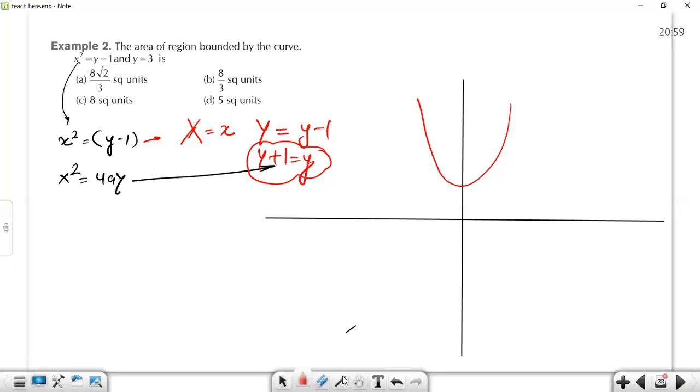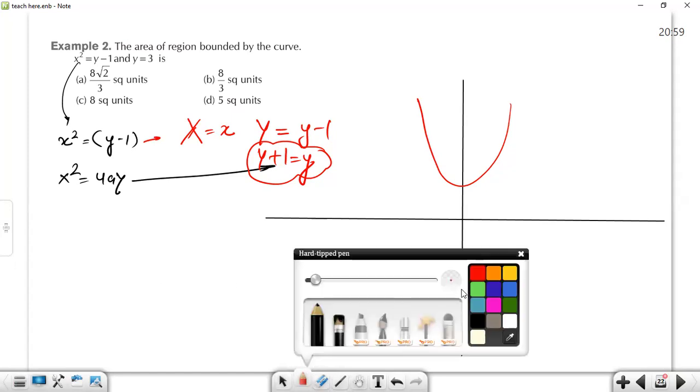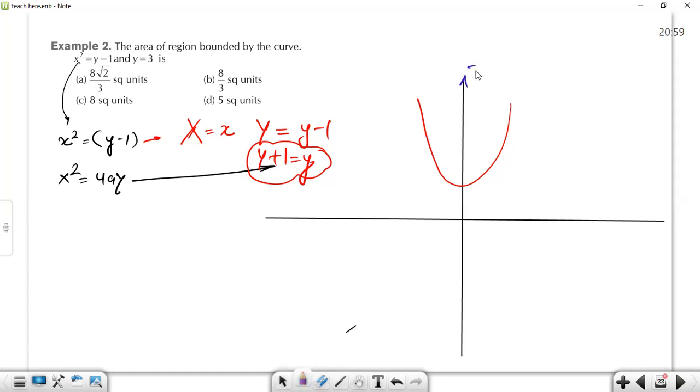So what is the straight line y is equal to 3? Can anyone tell me where y is equal to 3 will be? Please unmute yourself and speak. Please tell me where will y be equal to 3?